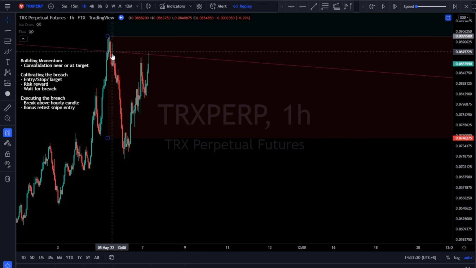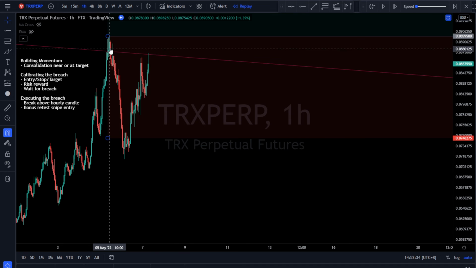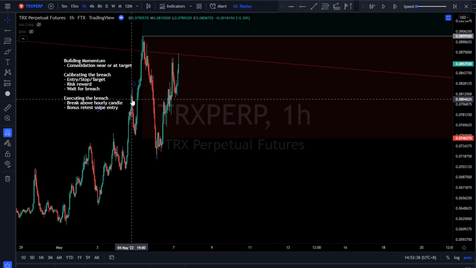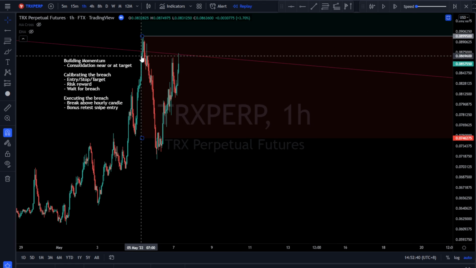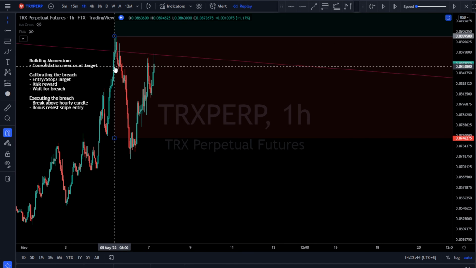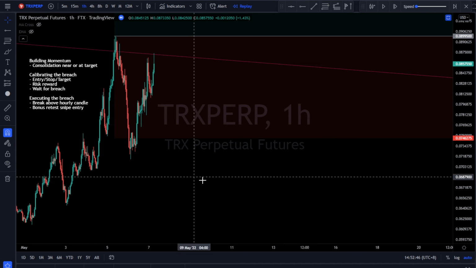Now, this is also why you don't want to simply take the trade right at the first break. Technically there was a break, but it was one straight line up. So I would wait for some consolidation first to protect you from these kind of movements.